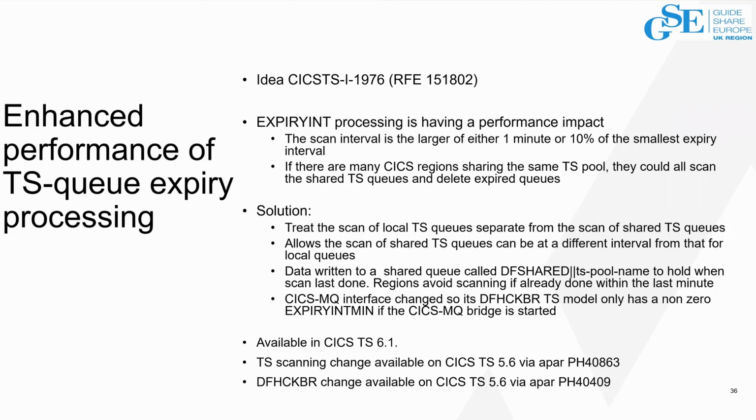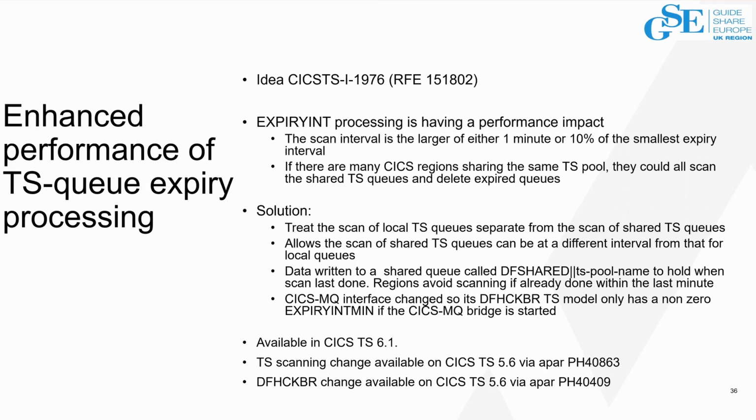So we've enhanced that algorithm so that it will use a shared queue of its own called DFHSHARED concatenated with the pool name, to hold some metadata, if you like, to report when the scan was last done. And so if you have multiple regions, they can look at that metadata and say, oh, this has already been done within the last minute, so I won't try again.